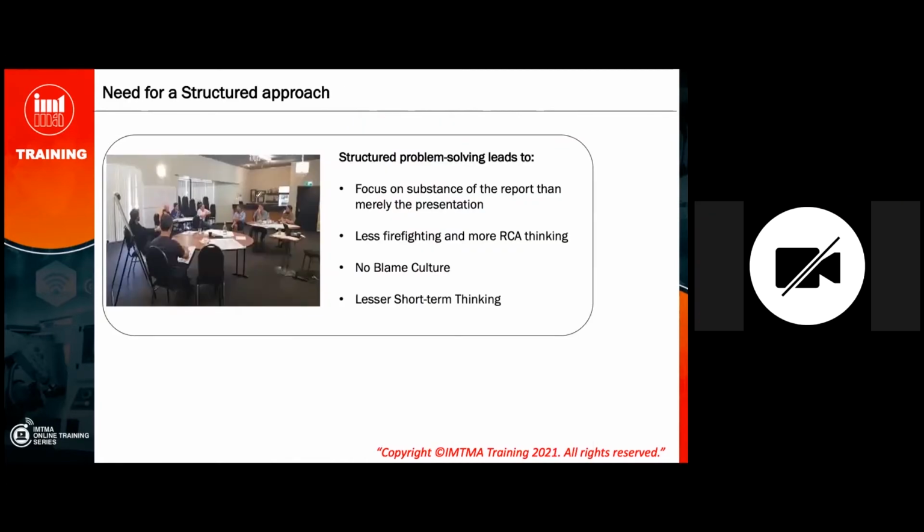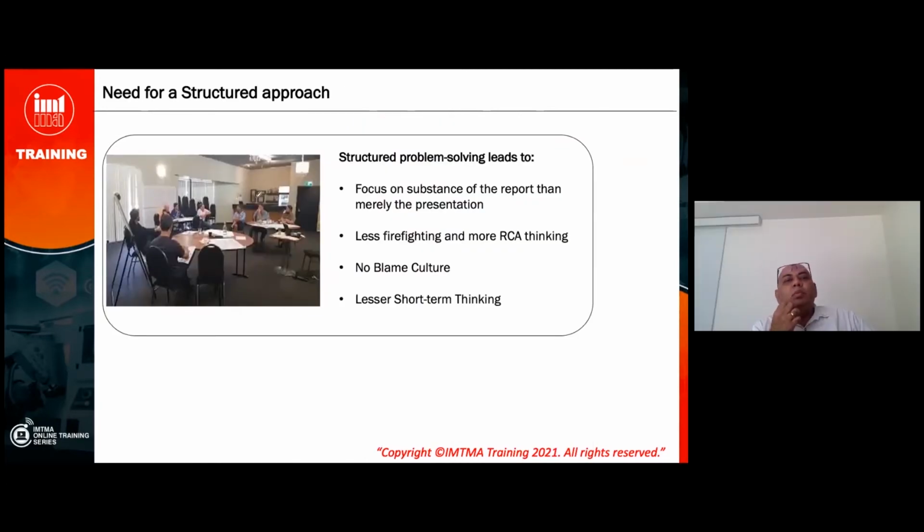So why do you need a structured approach to problem solving? Basically, a structured approach helps leads to focus on the substance of the report rather than merely the presentation. There are instances that I have seen on the shop floor, and also in the financial services industry, where people know the solution already and they try to force fit it into a framework like an 8D or A3 framework, right?